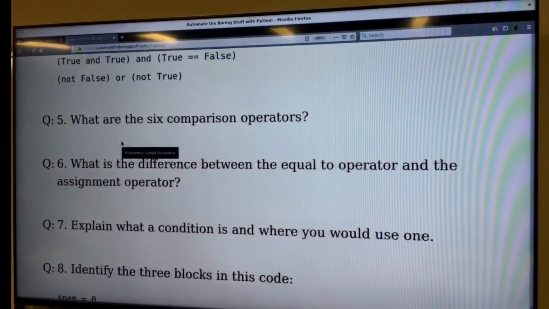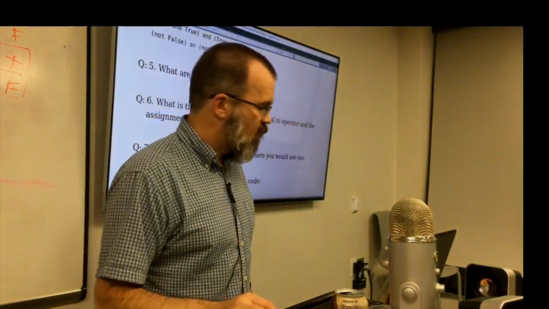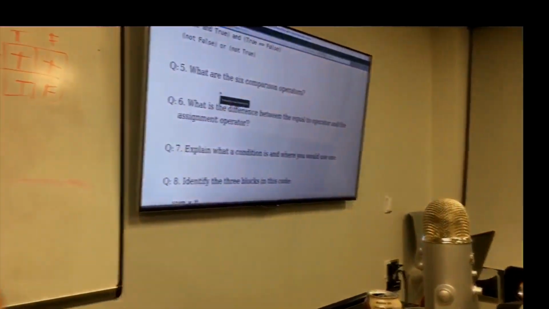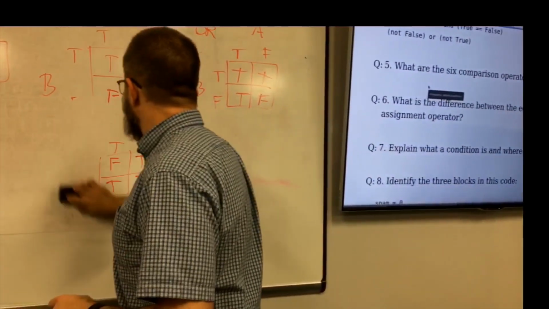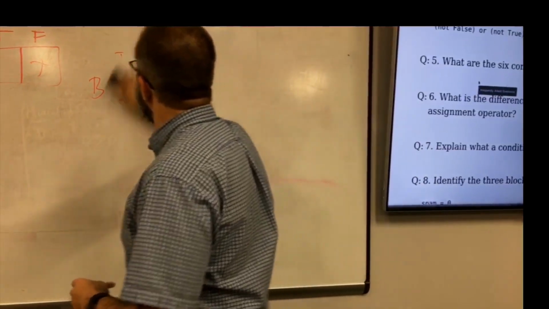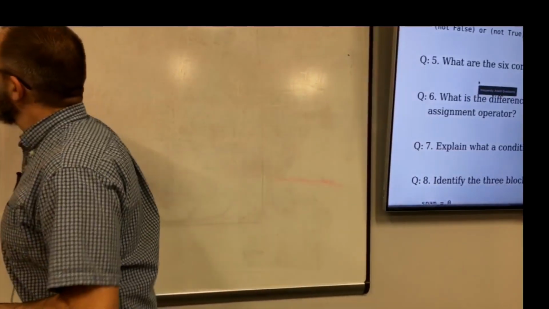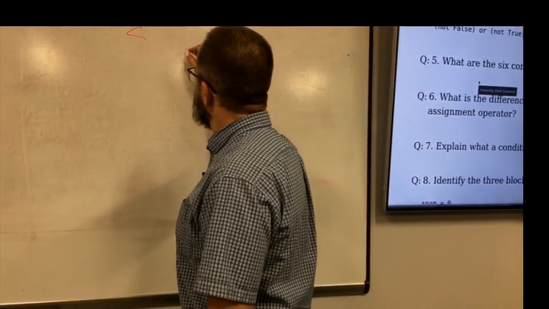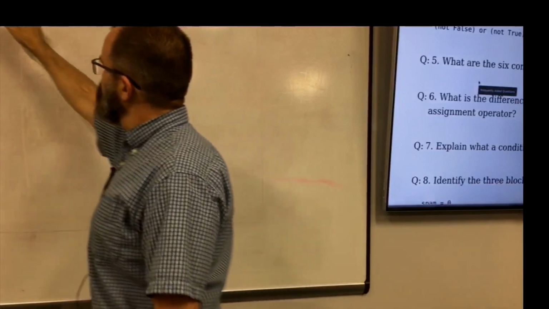What are the six comparison operators? We kind of glossed over this in the recap, but I remember Evan covered it when he was going through the chapter in more detail. I'm going to spare you having to call them all out. Greater than, or actually that's less than.